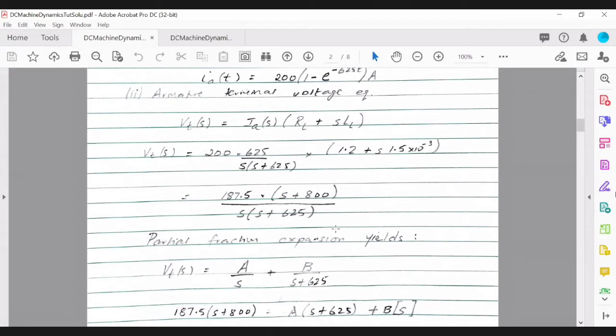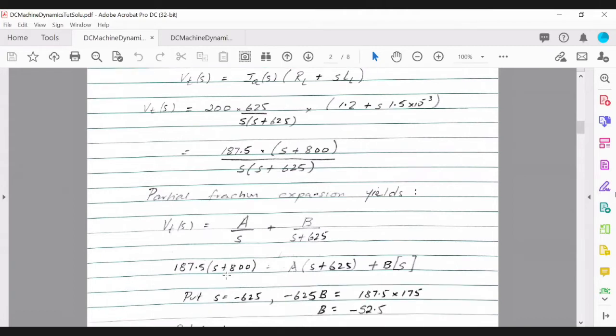Now when we want to work it out in the time domain, first we need to do a partial fraction expansion in those two terms here, right? So if you remember your partial fraction, if you have an S into S plus 625, this kind of format, it will have two terms.